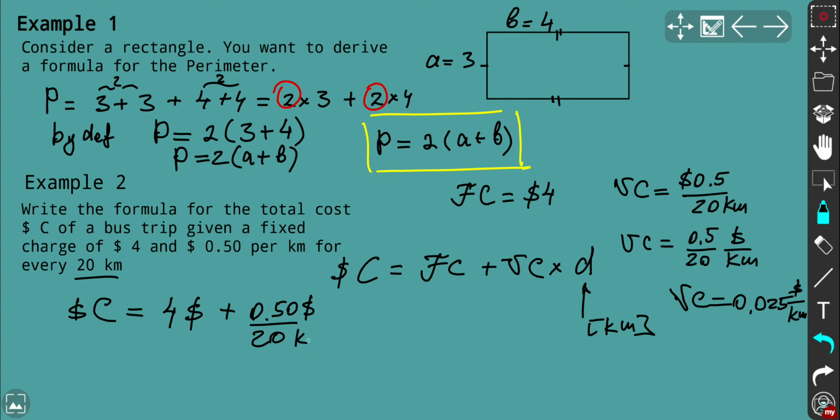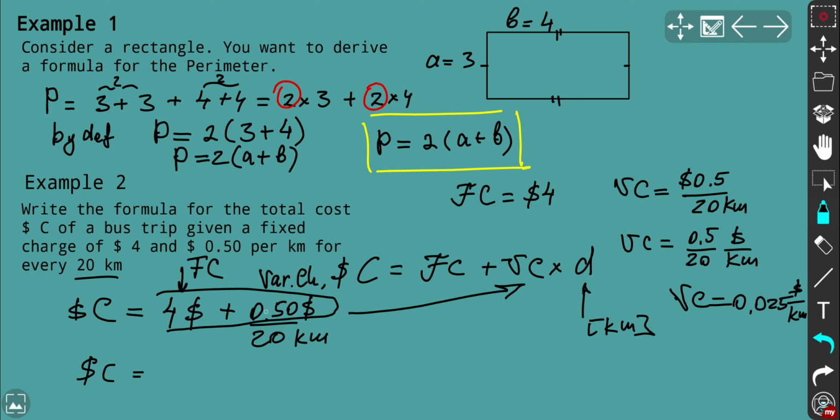In this case, you'll get simply this formula, and that means that you pay 0.5 per every 20. So you need to know that that's your variable charge, okay? Variable charge. And I actually generalize using that. So your total cost in this case for given parameters is $4, which is fixed costs, and 0.5 is a variable charge per given 20, so your trip is 20. So you've got $4.5. That's the total cost.